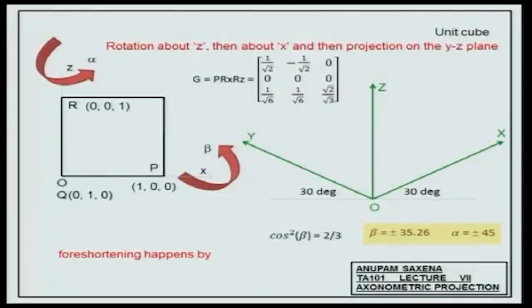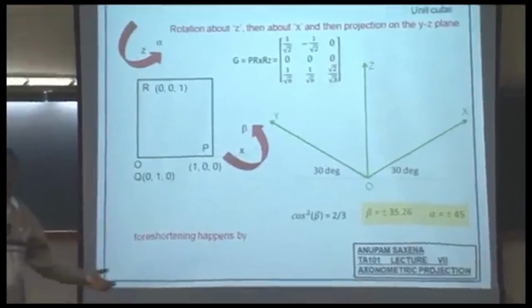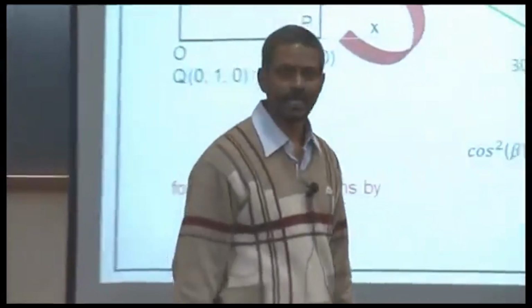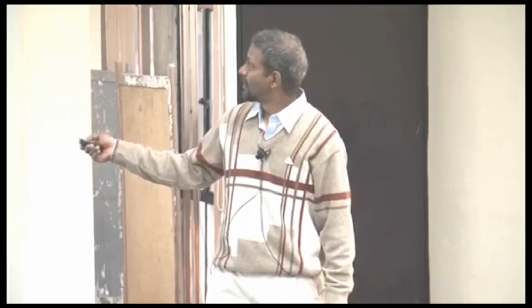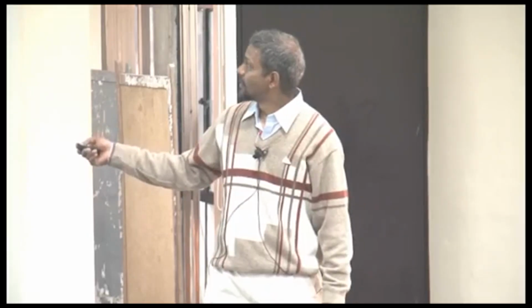All right. What happens to the lengths? They get shortened, they get foreshortened. By what factor? So OR, folks, can I have all ears here?